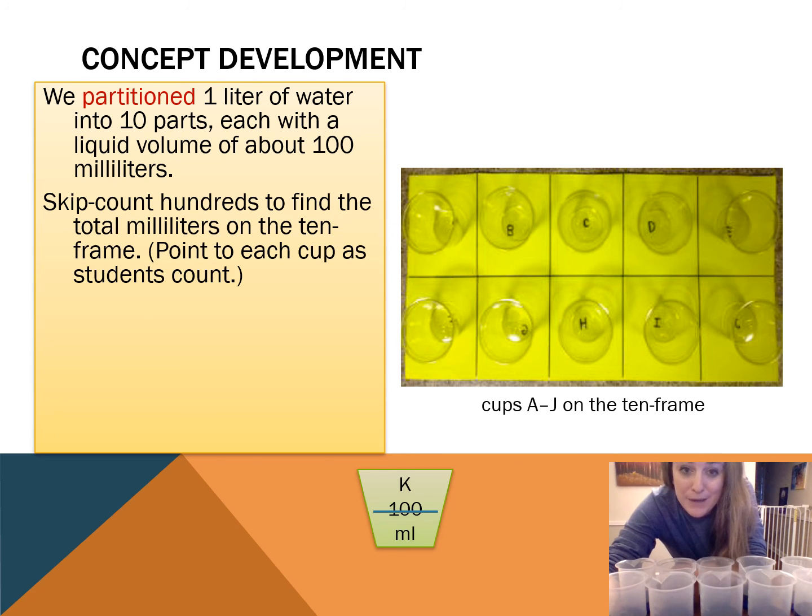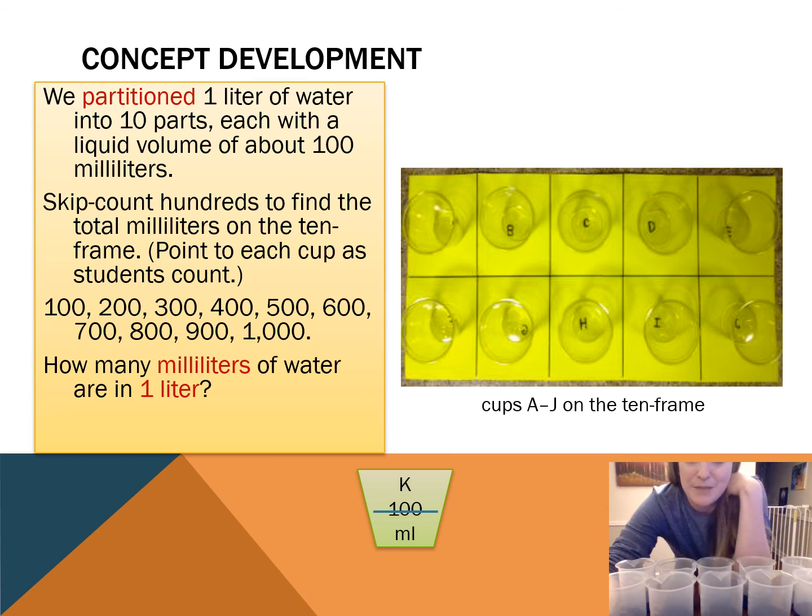So let's count by hundreds to find the total milliliters on the 10 frame. 100 milliliters, 200 milliliters, 300 milliliters, 400 milliliters, 500 milliliters, 600 milliliters, 700 milliliters, 800 milliliters, 900 milliliters, 1,000 milliliters. How many milliliters are in 1 liter? 1,000 milliliters.